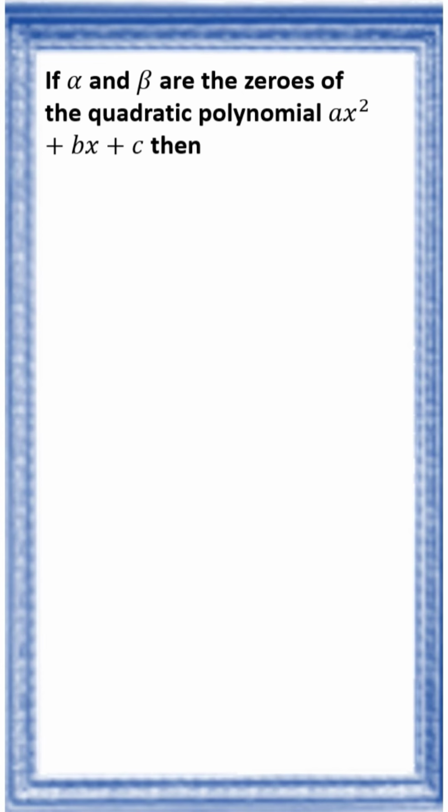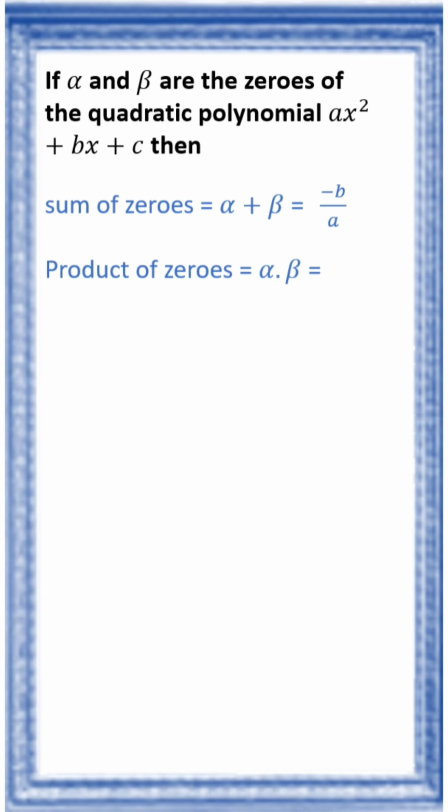Here the sum of the zeros, alpha plus beta, is equal to negative of b by a, that means negative of coefficient of x by coefficient of x square. Product of zeros, alpha into beta, is c by a.